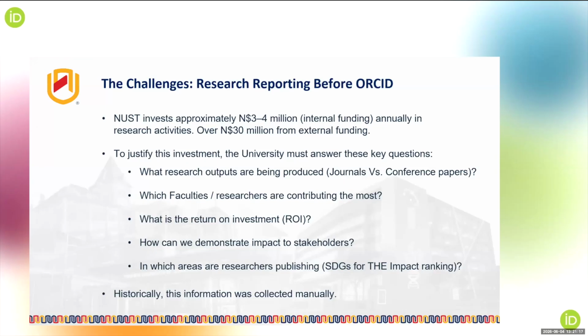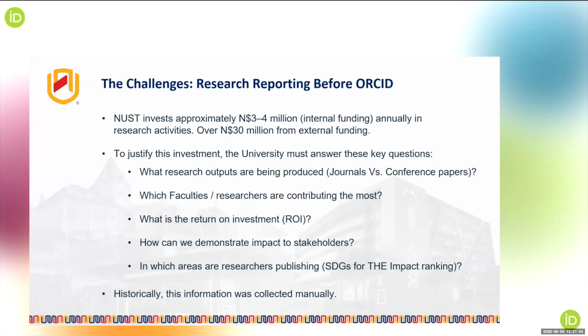So to justify this investment, NAST has to answer key questions, which are: what research outputs are being produced, looking at journals versus conference papers, which faculties or researchers are contributing the most, and what is the return on investment.